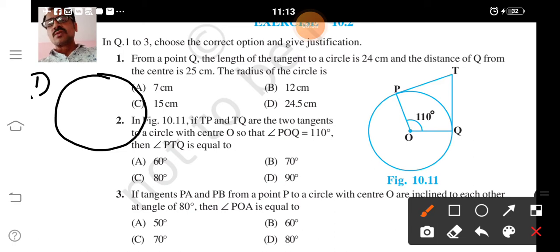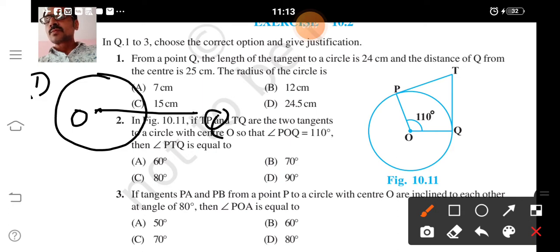From a point Q, the length of the tangent to a circle is 24. This is the center. Let us give the name O to this center.